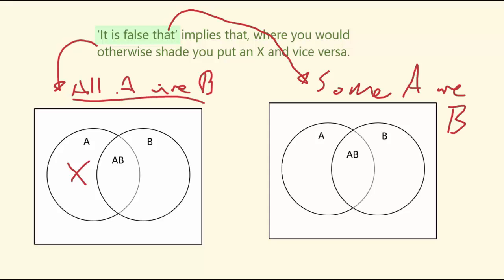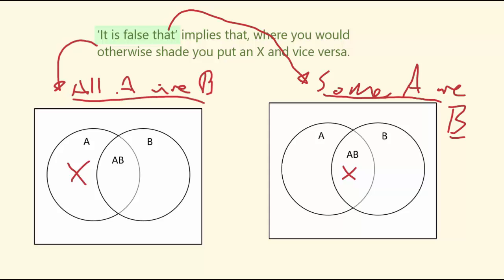Well, when we think about how we would normally diagram just the proposition "some A are B," we would put an X in the third area, because now the X commits us to there being at least one thing that exists, and it exists in both the category of A and the category of B, which means it's both an A and a B. So some A are B. But we're saying that's false.